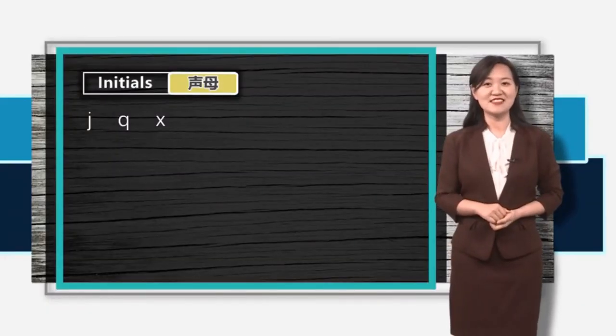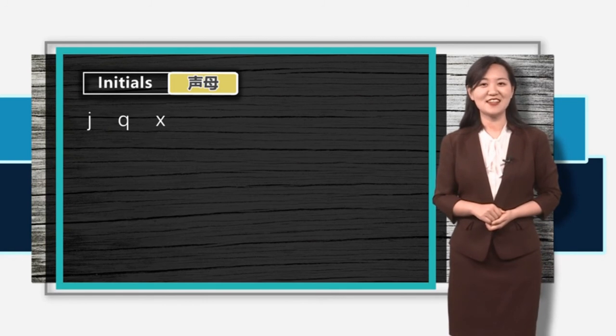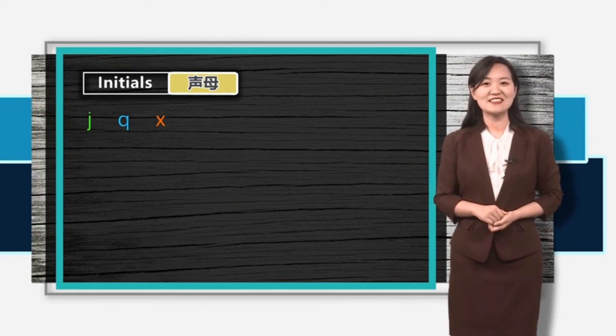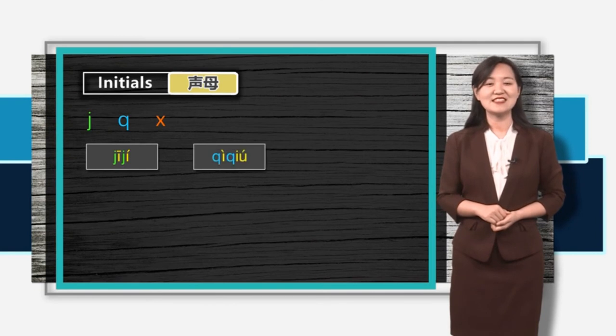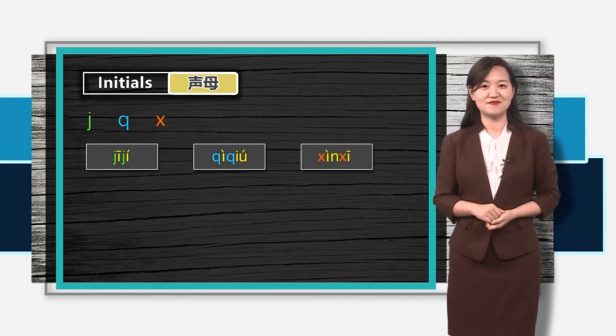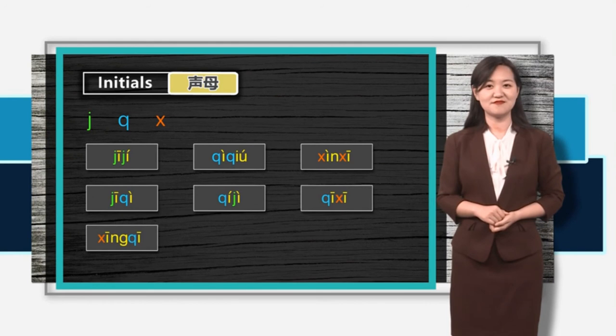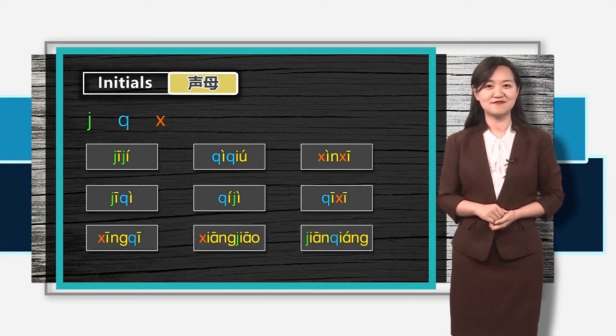We have learned the initials 鸡, 七, 西. Do you still remember how to pronounce them? 跟我读. 鸡, 七, 西. 积极, 气球, 信息, 机器, 奇迹, 七夕, 星期, 香蕉, 坚强. Well done.